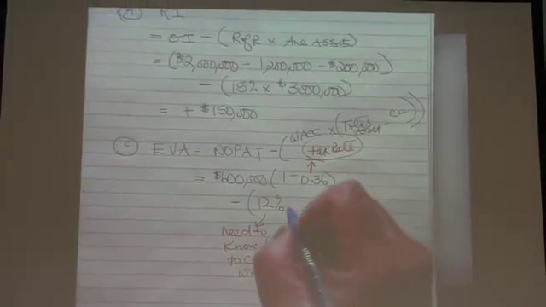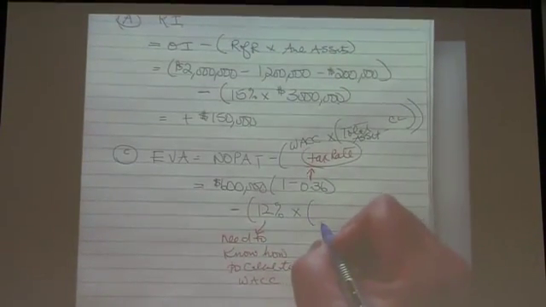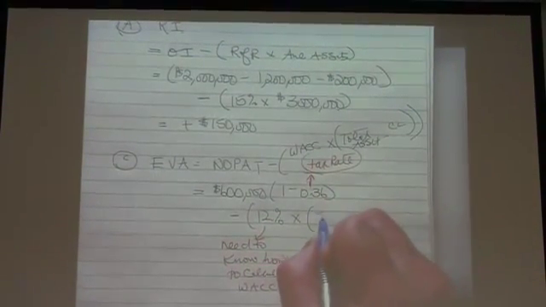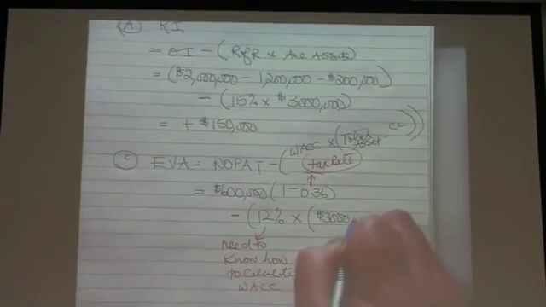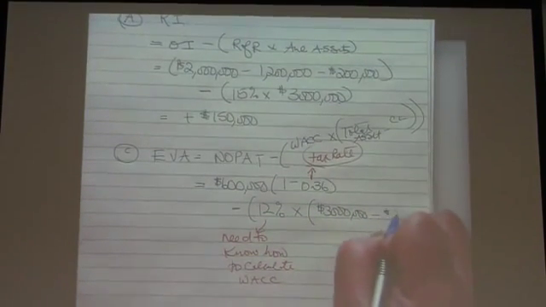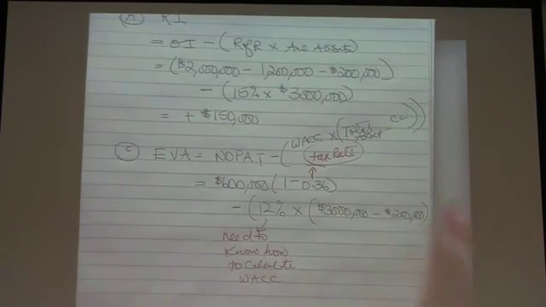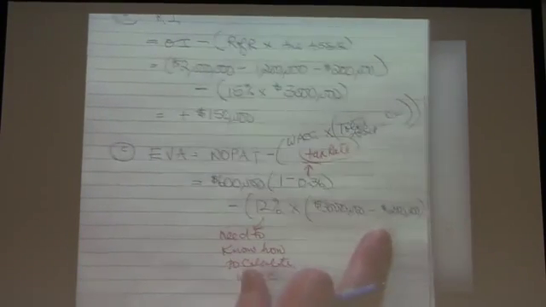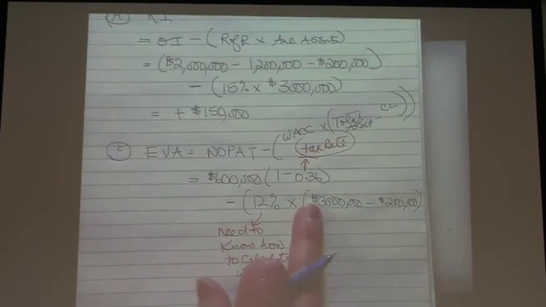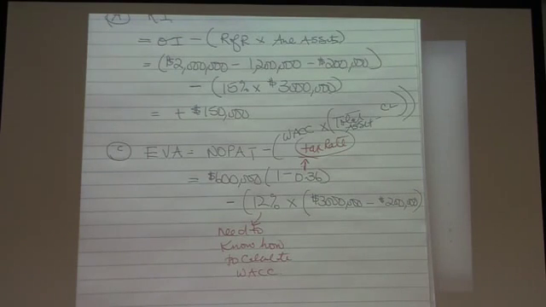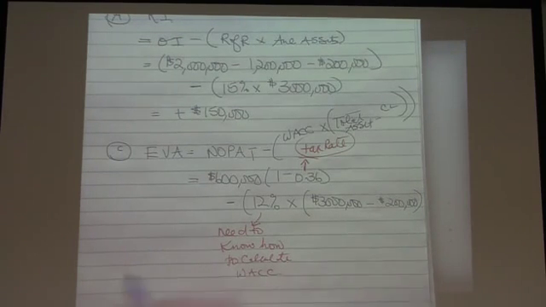Now, 12% times what was the actual invested capital, 3 million, less liabilities. Because we know that liabilities is an obligation that's known, and we're going to subtract it from the invested capital to know exactly how much capital was utilized in the business.